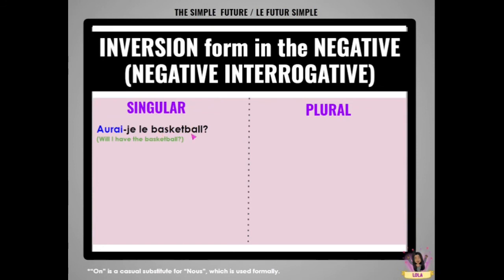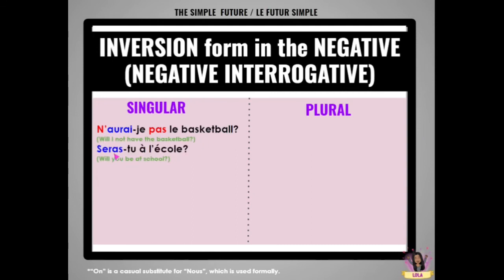That would be the normal form. And now we want to do it in the negative form. You would have to add the ne before the verb. So here's the verb aurais, so the n apostrophe because it starts with a vowel. So n'aurais-je, and then the pas goes right in there, le basketball. So the ne before the verb or the n apostrophe and the pas after the pronoun. And this means, will I not have the basketball?